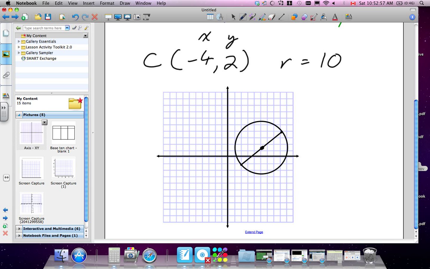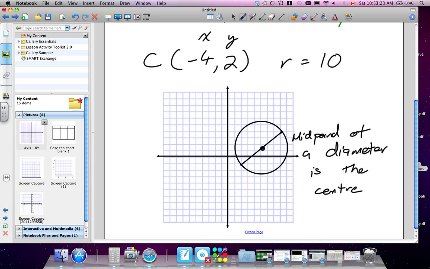In the middle, yeah. It's going to fall right at the midpoint. So the midpoint of a diameter is the center. Okay? So if the midpoint of the diameter is the center, we go over to our other question.